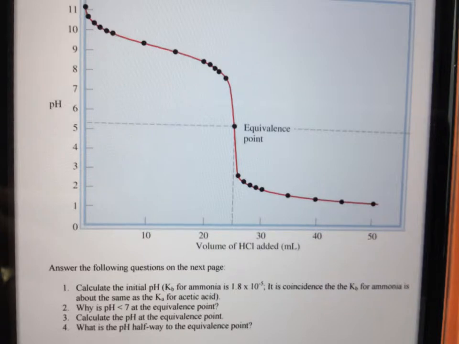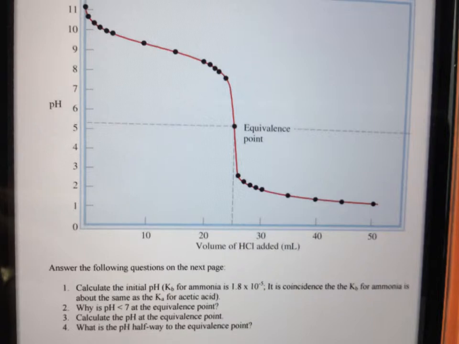First question is calculate out the initial pH for this particular reaction. They tell us that the Kb value is 1.8 times 10 to the negative fifth. Since this is a weak base, we are going to treat it just like we would treat a weak acid.